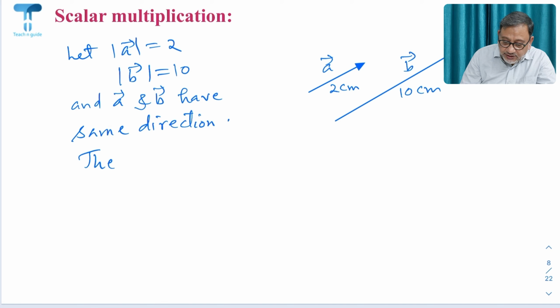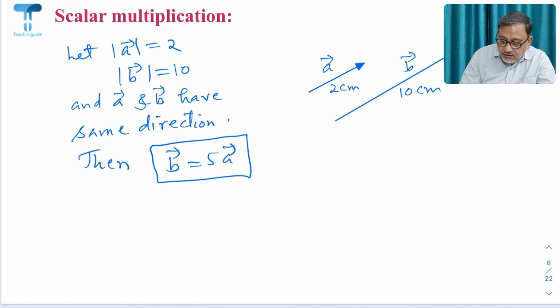Then I can write vector B is equal to 5 times vector A. So look here, I have written one vector as a scalar multiple of another vector. What is the scalar? Scalar is 5.